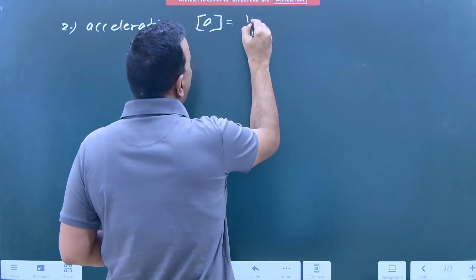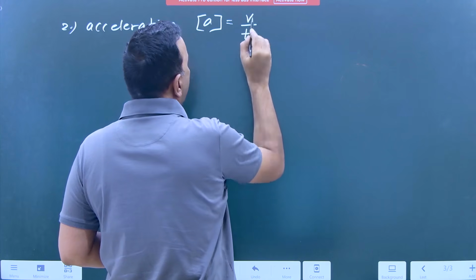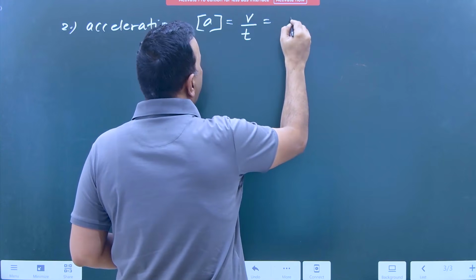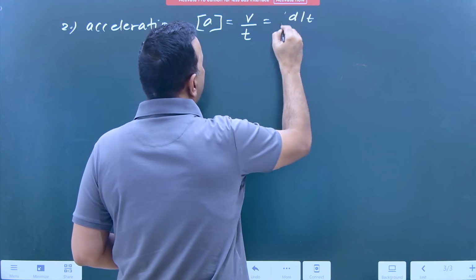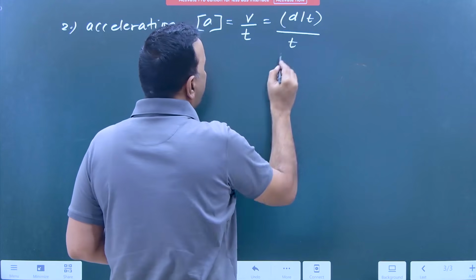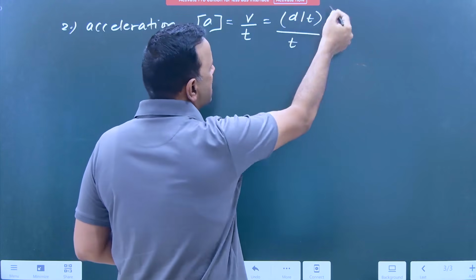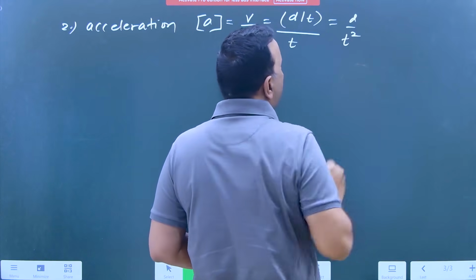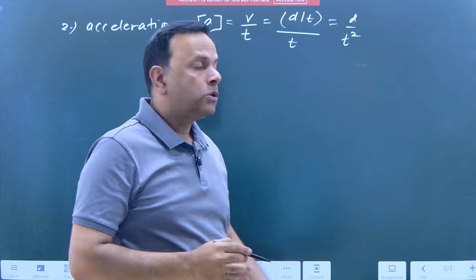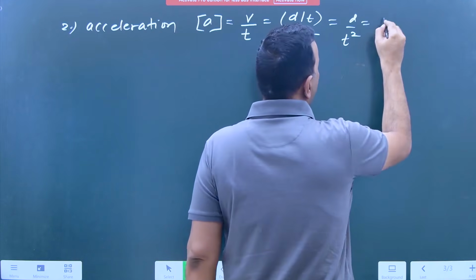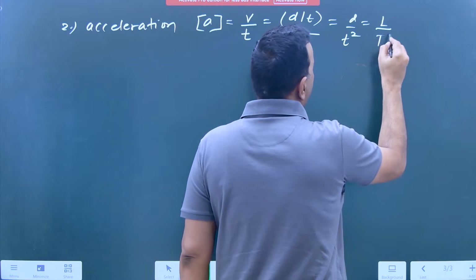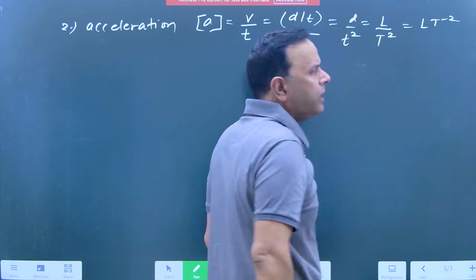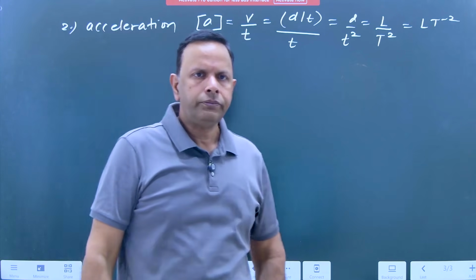Acceleration can be defined as velocity upon time, right? And the velocity can be written as distance upon time. So I can express the acceleration as distance upon time upon time. That means it is distance upon t square. So now what to do? In place of d, write L. In place of t, write capital T. So the result appears like LT minus 2.